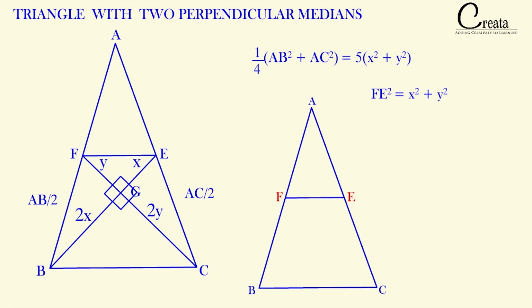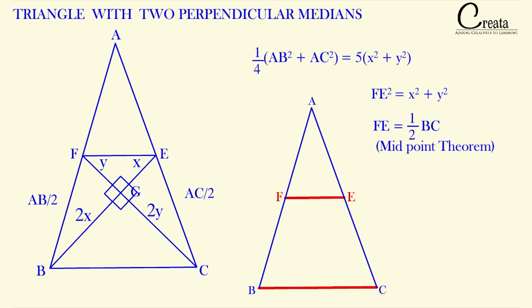F and E are the midpoints and FE is the line segment joining the midpoints of two sides of the triangle. And we know as per our midpoint theorem, the line segment joining the midpoints of two sides of a triangle is parallel to the third side and is also half of the third side. So as per midpoint theorem, can we say FE is equal to half of BC?